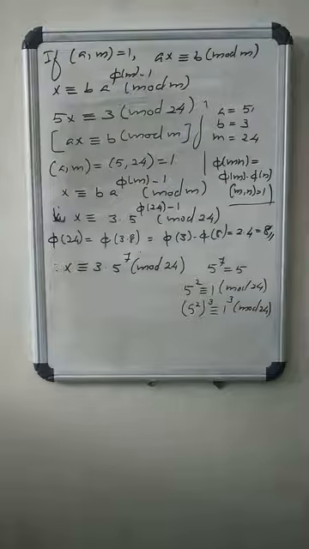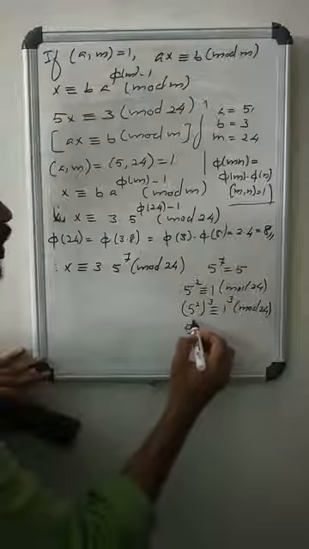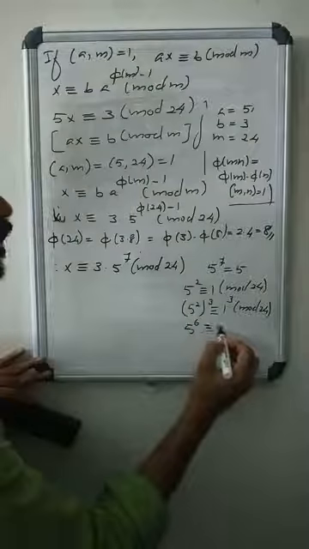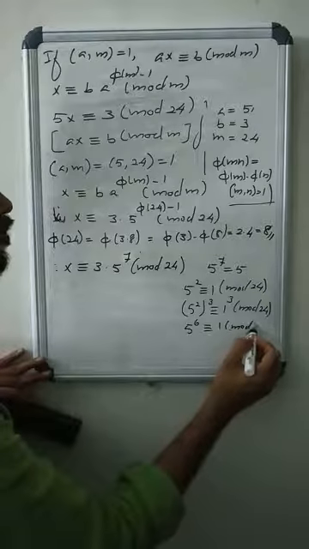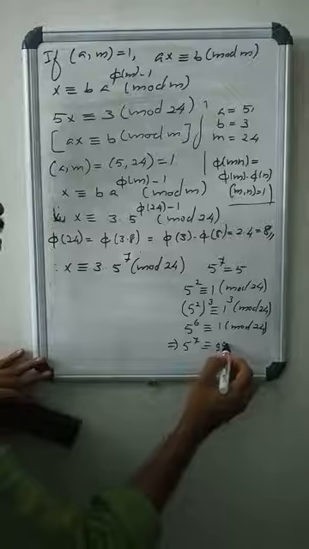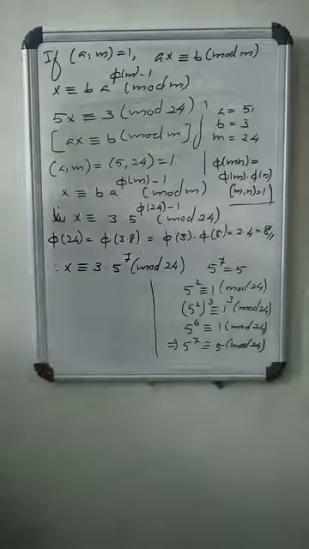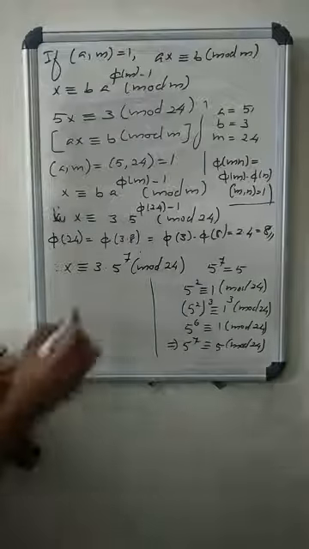So 5 to the power 6 is congruent to 1 mod 24. That means 5 to the power 7 is congruent to 5 mod 24.